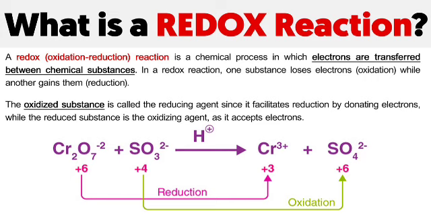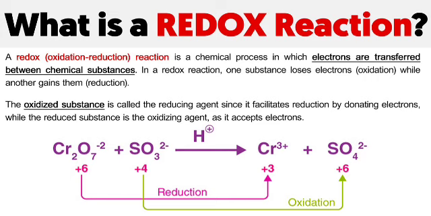Okay, so we get to half equations. A half equation shows what happens during oxidation separately from what happens during reduction. Remember we said in the other class that oxidation-reduction reactions are two opposing but complementary reactions. That means oxidation cannot happen without reduction.